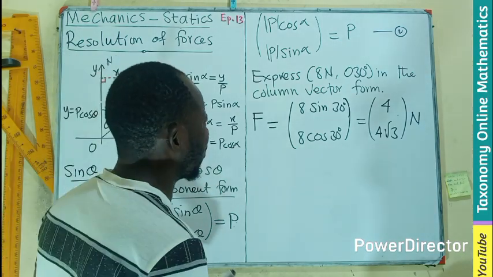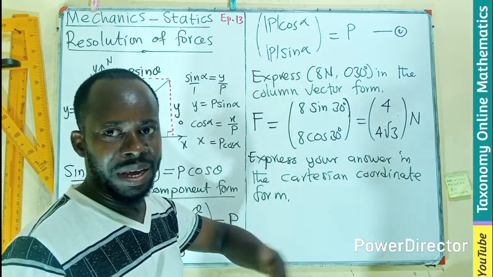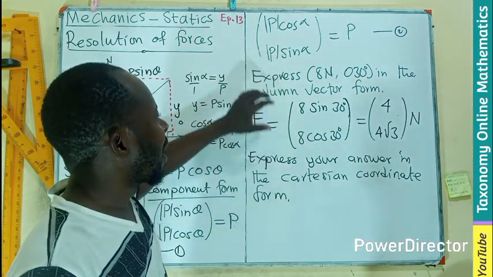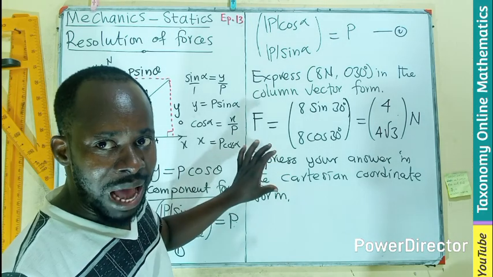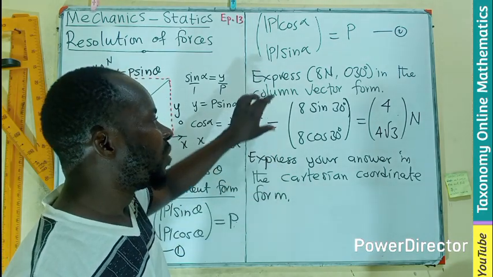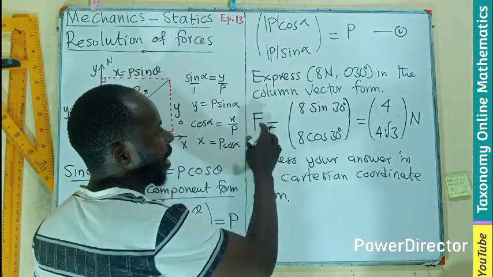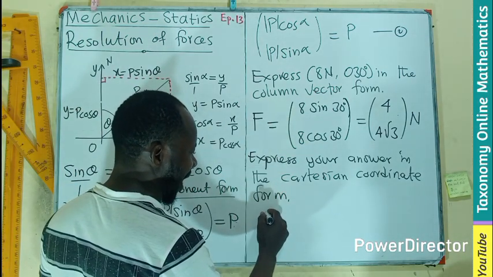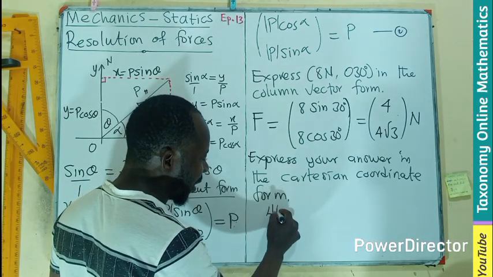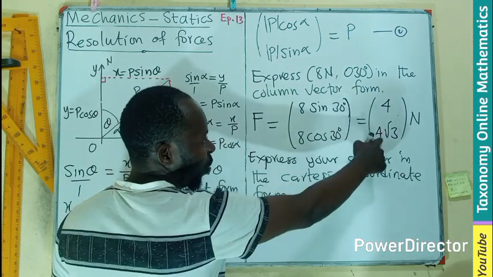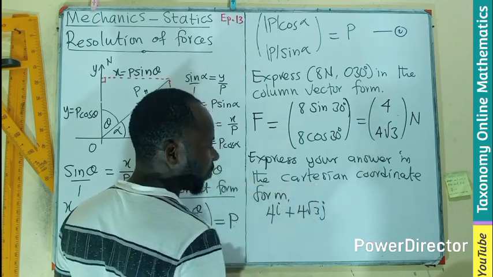Now, we can also express this in the Cartesian coordinate form. You might be given the question to resolve this into this form directly. If you are asked to move directly to this form, you still need to come here first before coming here. So in order to write this, it becomes 4 as the x component, then we have 4 i plus, this is positive, so plus 4 root 3 j.